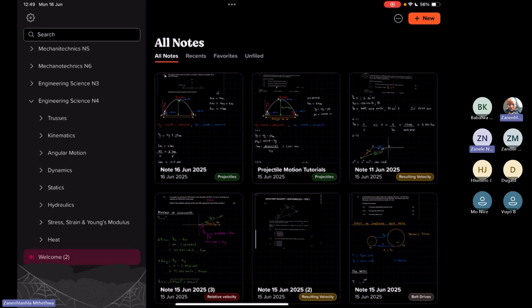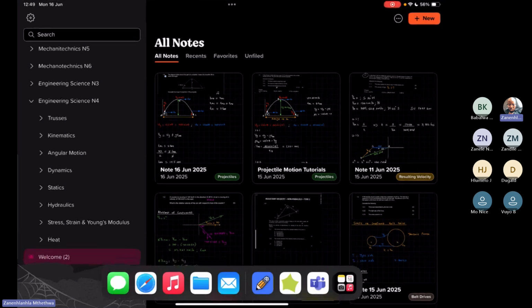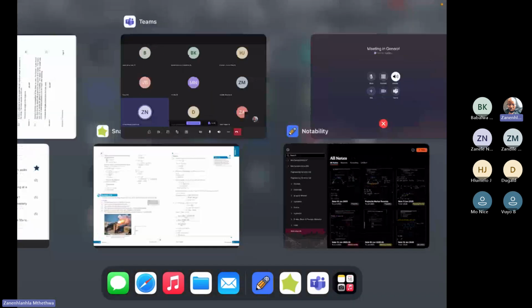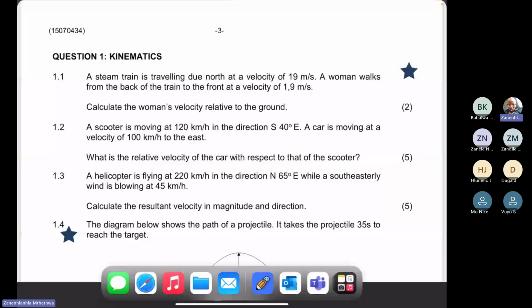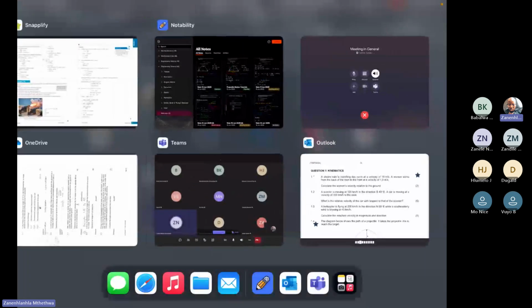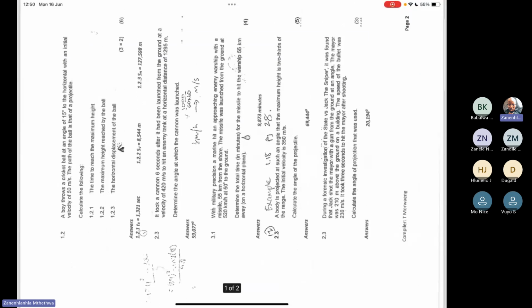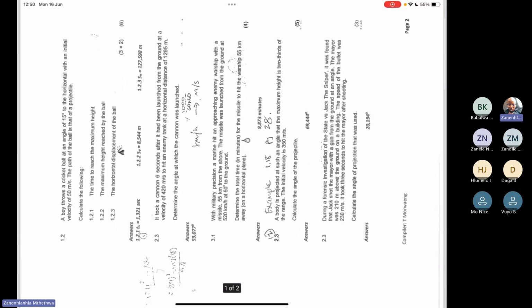Okay, thank you. And then also, just attempt these ones on projectile motion, to see if you understood what we did here today. I'll send this in the group.